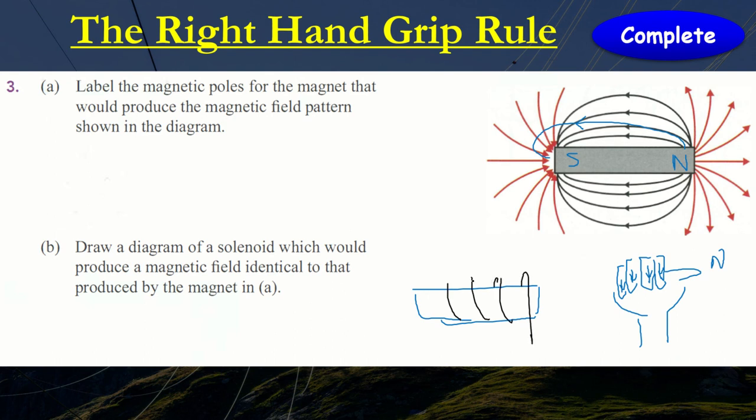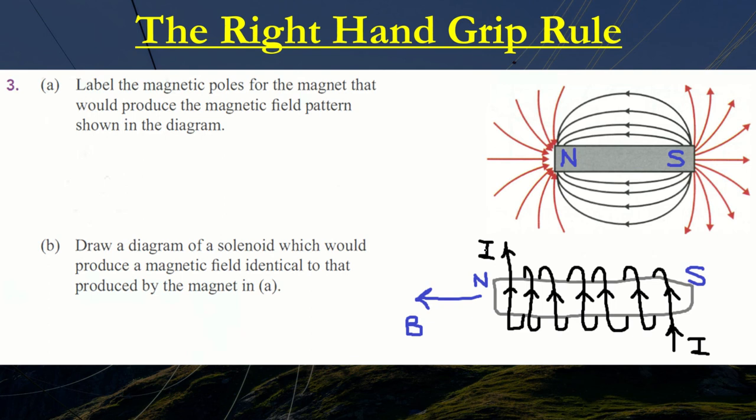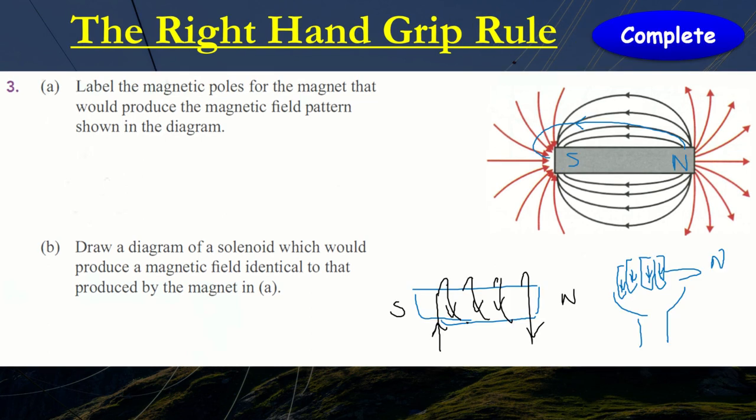So I might just draw something along the lines of that. So it goes up, down, down, down, and then staying down like so. So north and south.